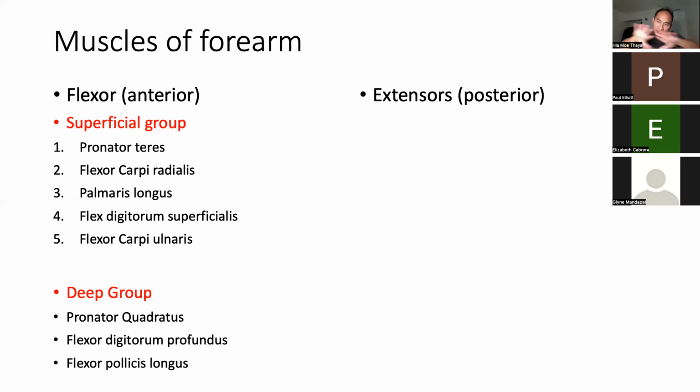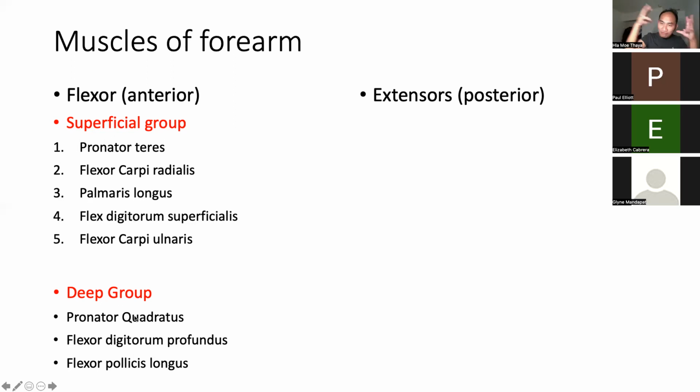So now we split the forearm into extensor compartment and flexor compartment. In the flexor compartment, we divide again into two more groups. Two more groups are superficial group and deep group.